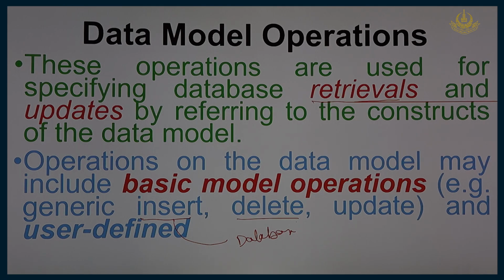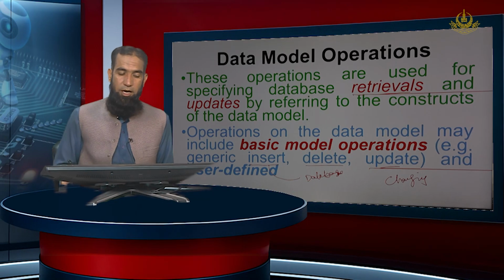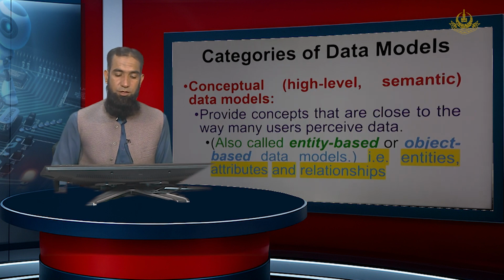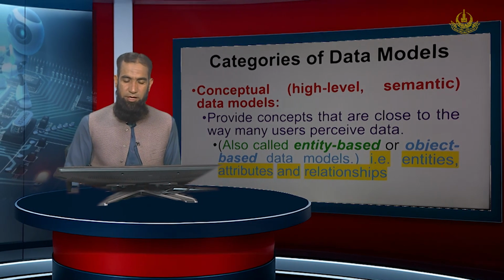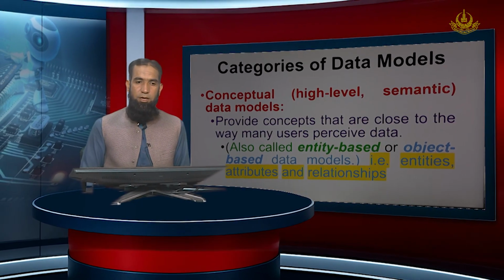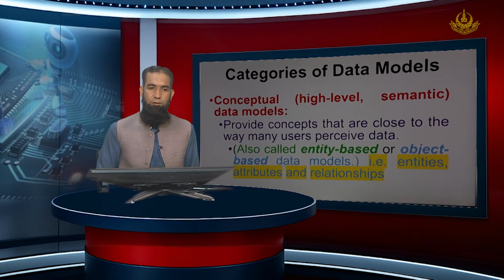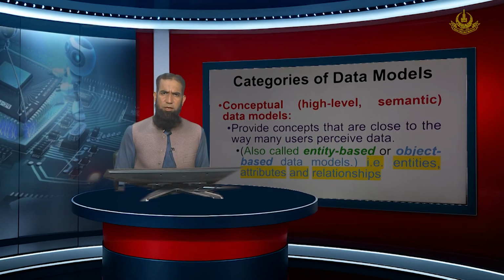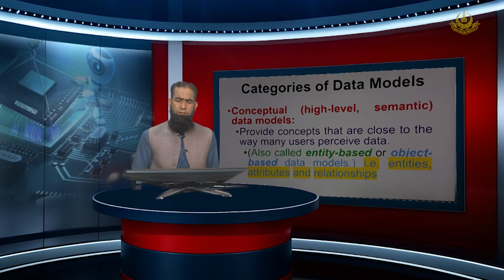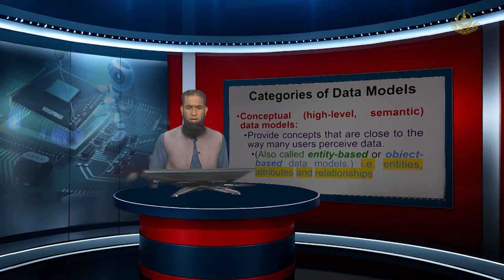Deletion means we want to delete a specific data from the database. Update means we want to change that data. And there may be some user defined operations. For example, we are calculating the average marks of students. These are called user defined operations.